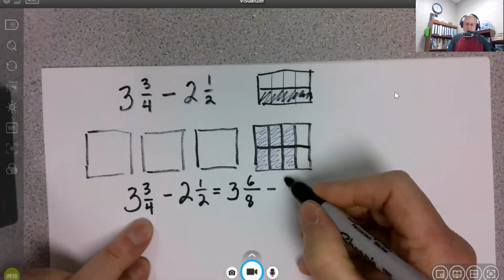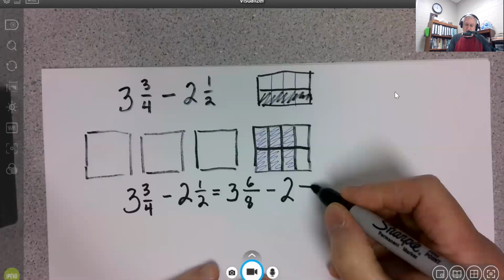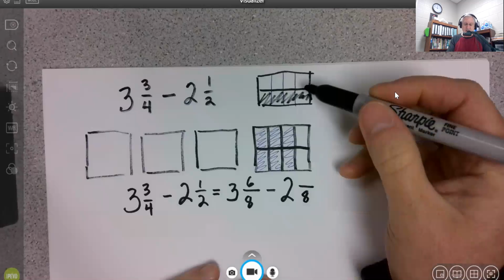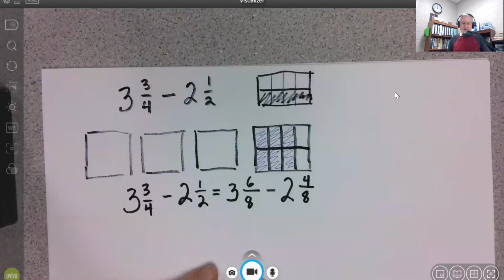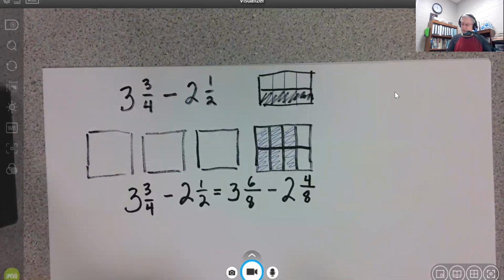Then I subtract 2 wholes, and I look at my top one, and I know I still have 8ths because we found an equivalent fraction, as we did in our first fraction, and I know that 4 are shaded. So now I have 3 6/8 minus 2 4/8. Shade in my wholes.